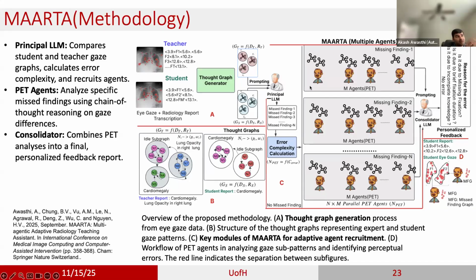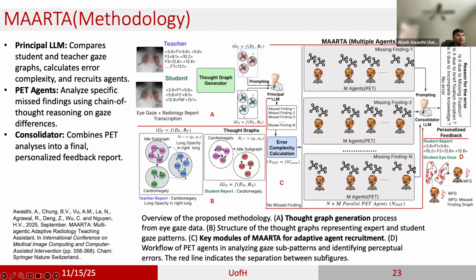There will be a subgraph for lung opacity, and this particular agent is going to compare the lung opacity subgraph with the student subgraph, because the student graph also has multiple subgraphs, and that lung opacity subgraph is missing in the teacher's one. So it is going to compare the student graph with the teacher's subgraph to see why this happens.